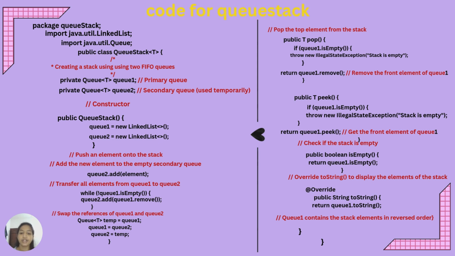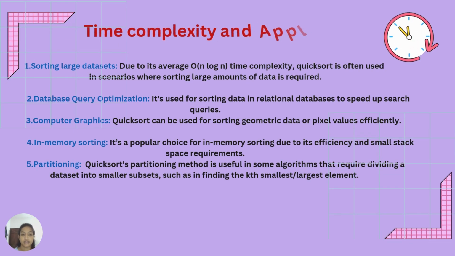Now we move to time complexity and applications of Quicksort. First one, sorting large databases due to its average O(n log n) time complexity. Quicksort is often used in scenarios where sorting large amounts of data is required. Second, database query optimizers.